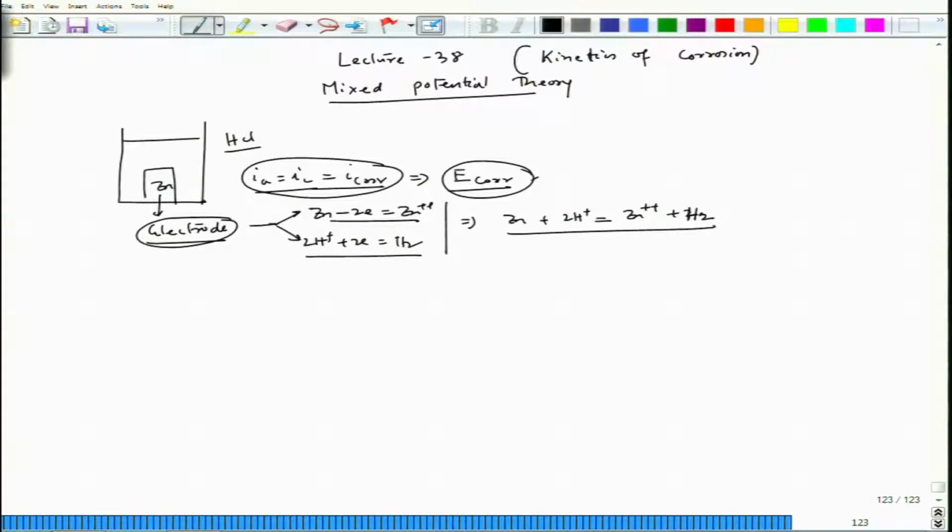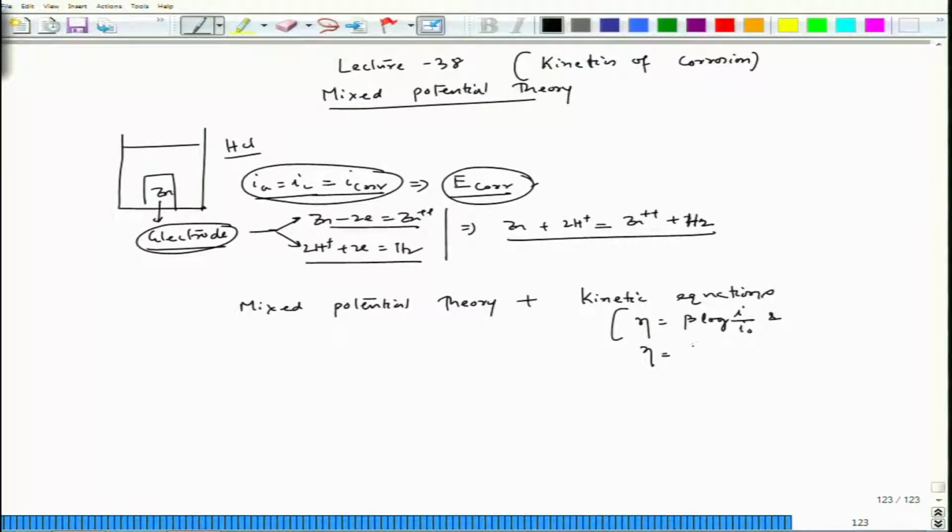Now, let us try to understand this mixed potential theory and kinetic equations rather, in the form of Imax.